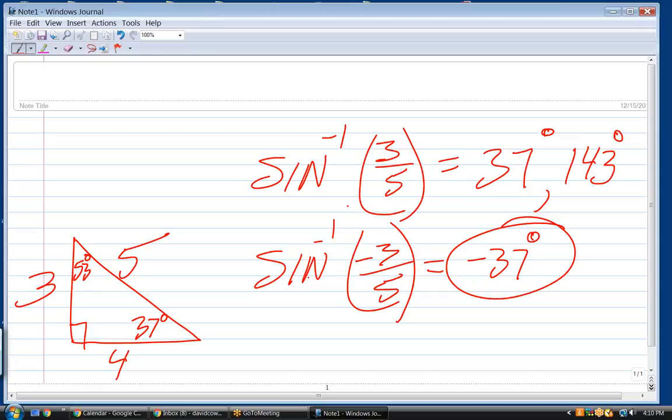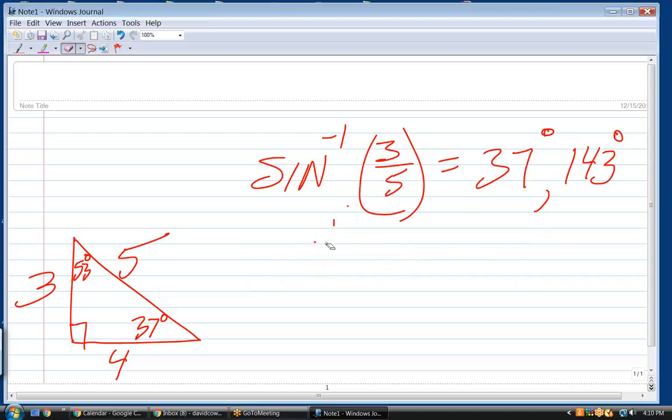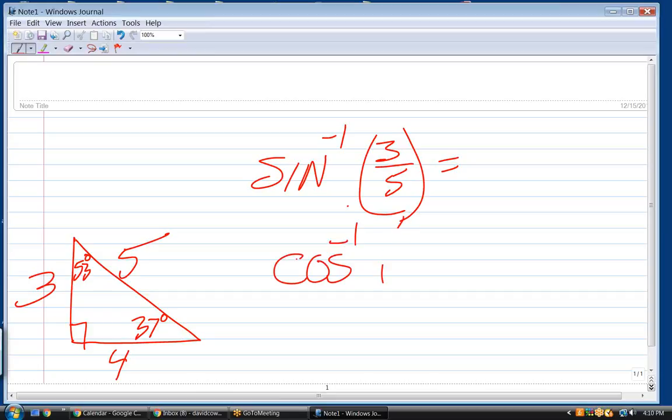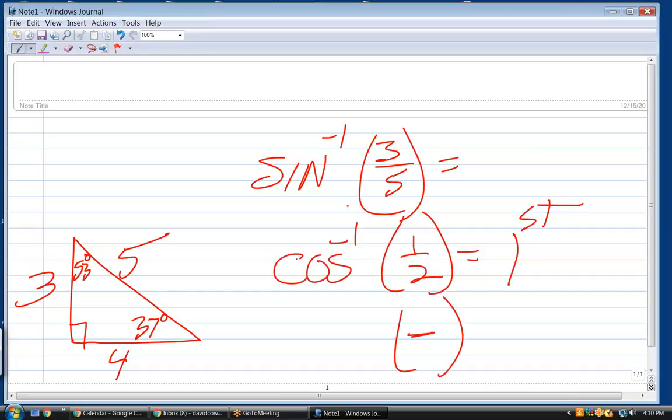I have to figure that one out myself. So just know that your inverse trig functions only give you half of the real answer, and it's called the principal one. For sine, if this is positive, you're going to get a first quadrant answer. If it's negative, you're going to get a fourth quadrant answer. For cosine, if it's positive, I'm going to get a first quadrant answer. If it's negative, I am going to get what? Which quadrant?